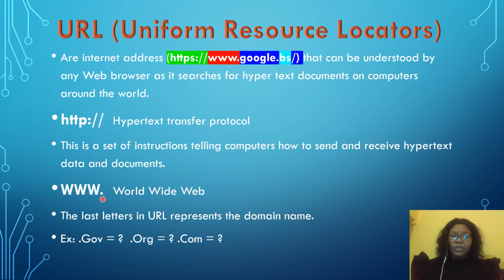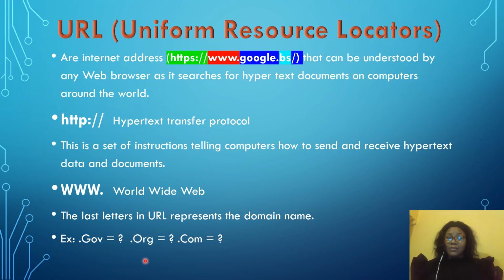The www dot, which is here in the red, stands for World Wide Web. The last letters in the URL represents the domain name, such as here, the BS. The BS in the domain name stands for Bahamas.